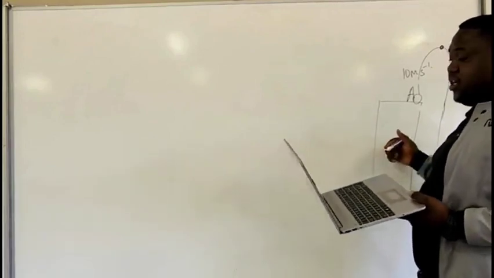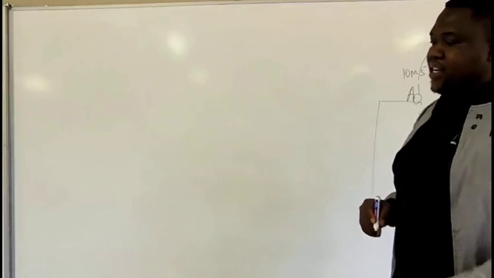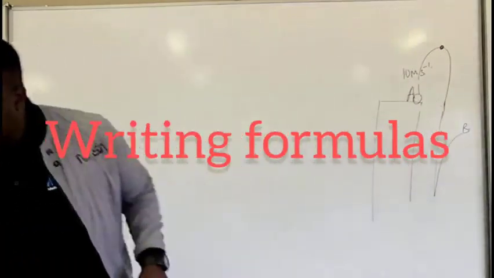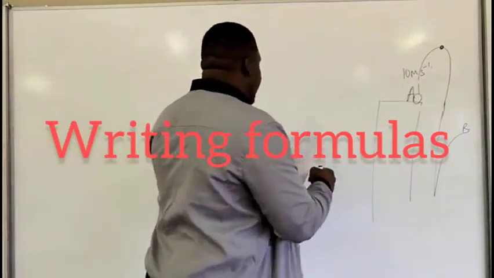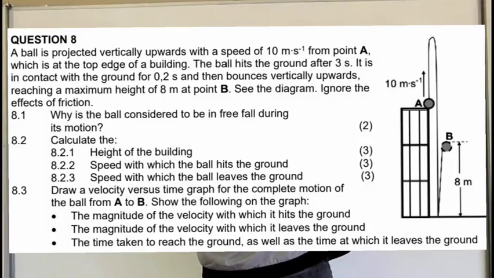I want us to deal with this question, which I find to be very interesting. Okay, let me give you the formulas. Vf is equal to Vi plus g times change in time.